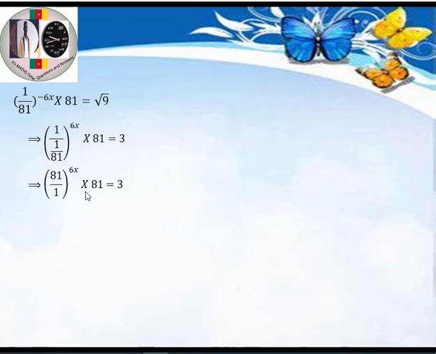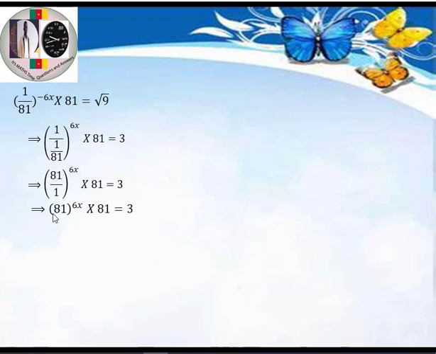So all of that will be 81 power 6x times 81 equals 3. But remember, the bases here are the same, 81 times 81, and the law of indices says that if we are multiplying two index numbers with the same bases, we add the powers.